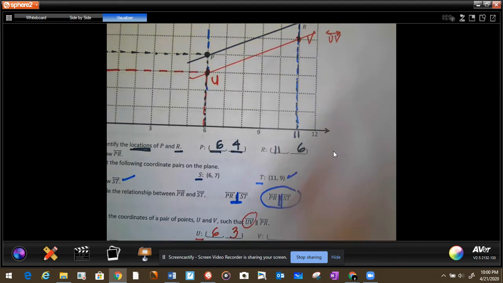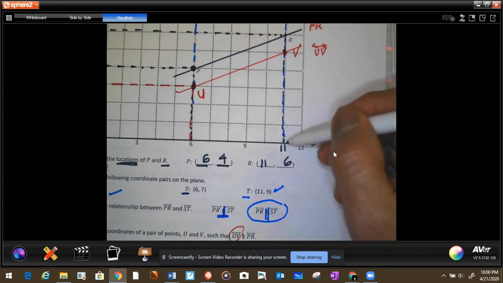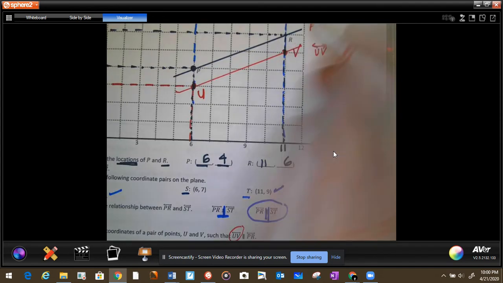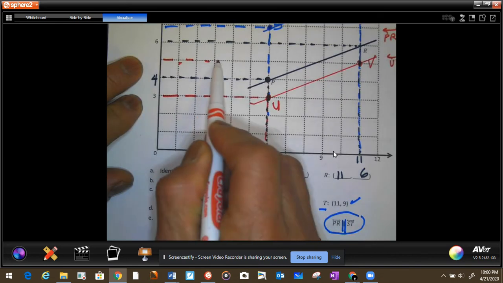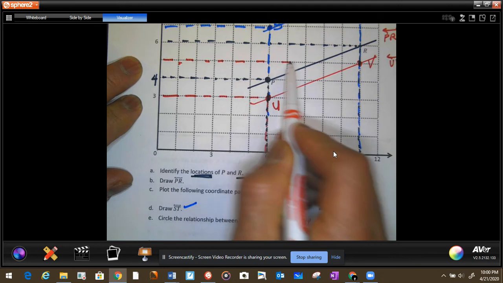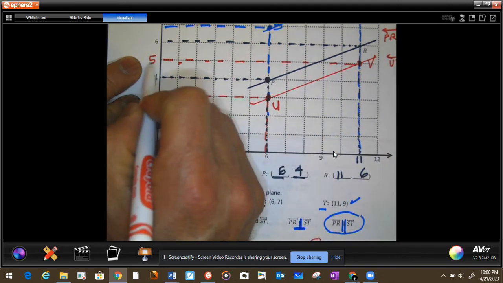So the V point is up here. So let's see, X is 11. So we have to run to 11. That will be X. And we got to jump to, if we look at the line that intersects with X on 11, this is going to be 5.